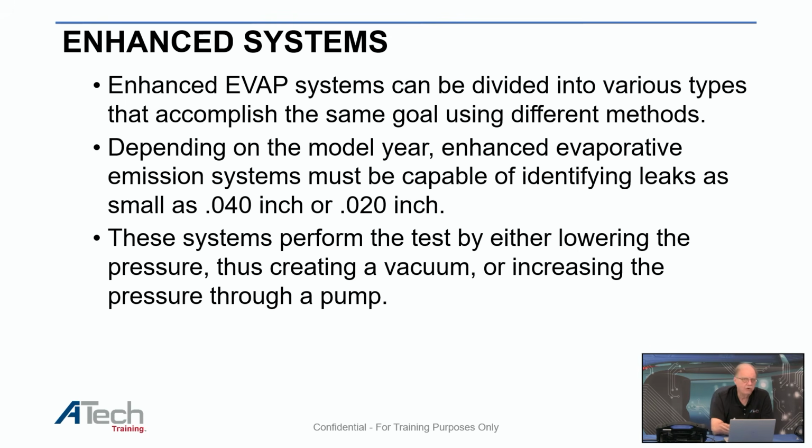And some of the earlier Chrysler products, believe it or not, would actually do the test key off. You would drive the vehicle, let it sit, and they would go out and do their own test on the system, building pressure in the system with the key off. So there are different ways they did it, but they achieved the same goals. They were looking for a leak, whether it's 40 or 20 thousandths.